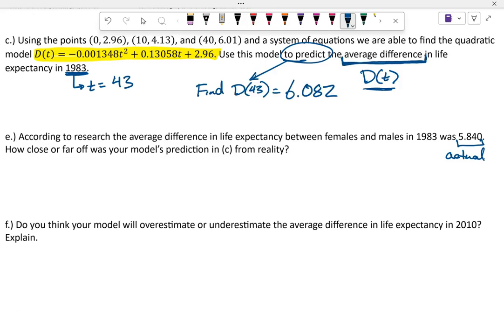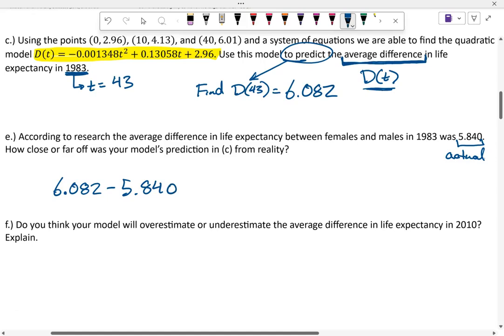Subtract. I would take, which one am I going to subtract? What are we going to do? So what's my subtraction problem? 6.082 minus what? Okay, what does that equal, guys?